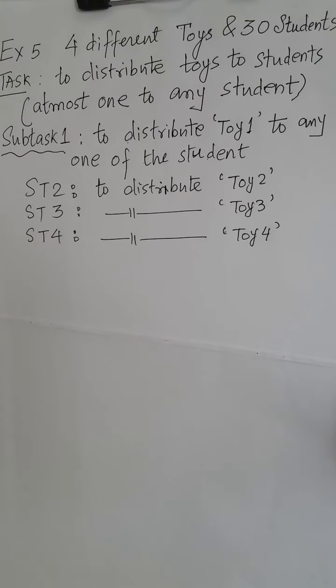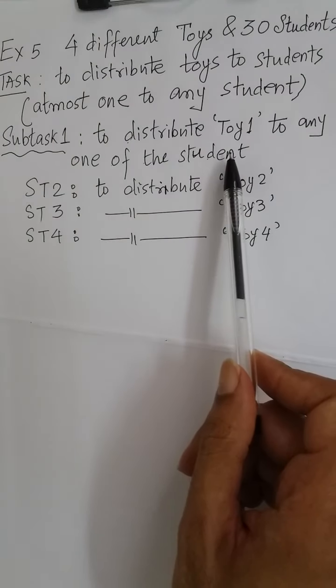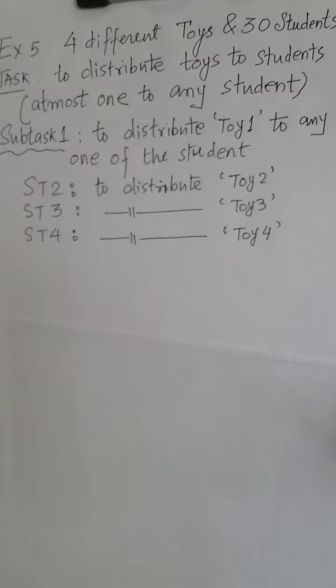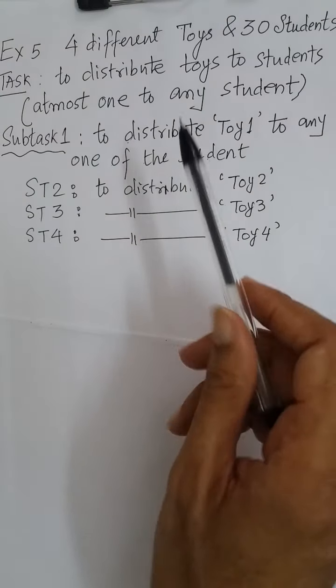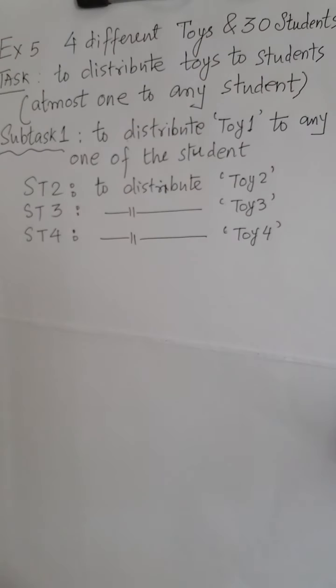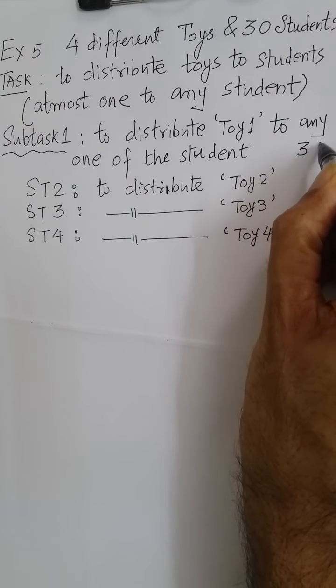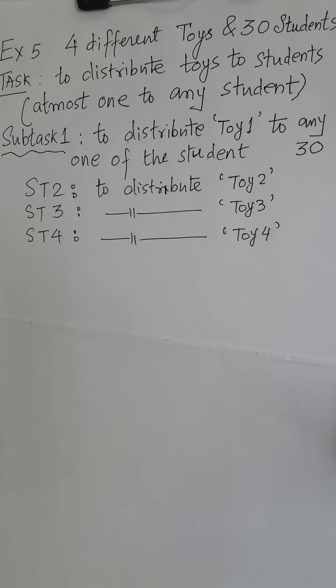Now if I ask you how many ways of performing subtask 1, if subtask 1 is to be done first, that is, we have to choose a student for toy 1, how many ways can we do it, or how many students are available for toy 1 to be given? Since this is the first to be done, the number of choices that we have is 30.